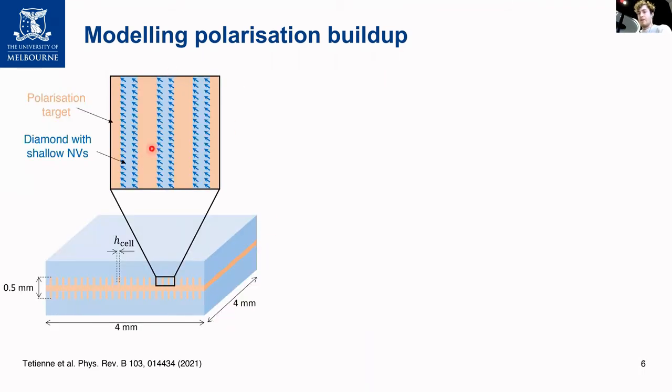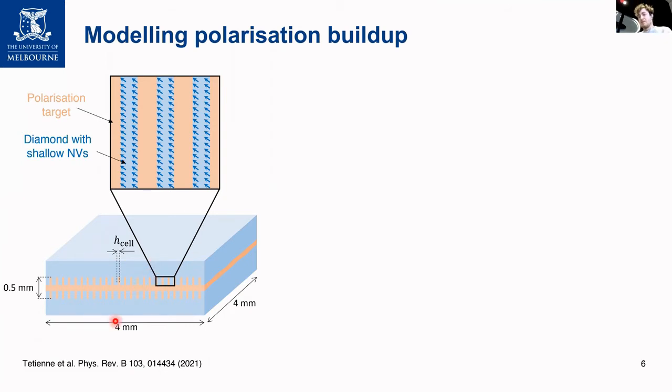The obvious way around this is to structure the diamond so as to maximize the contact area between our shallow NVs and our polarization target. So we look at this sort of geometry where we have a polarization cell built up of two structured diamond slabs that allow us an NMR relevant target volume to be present within these grooves.